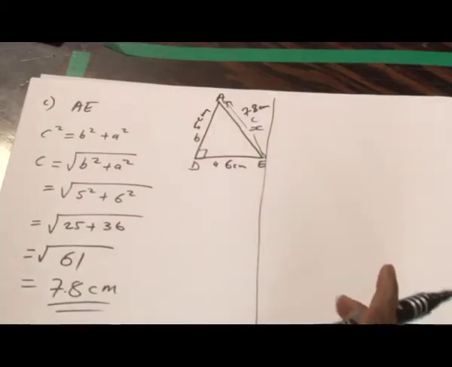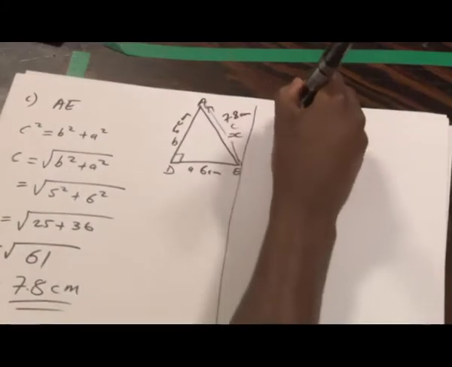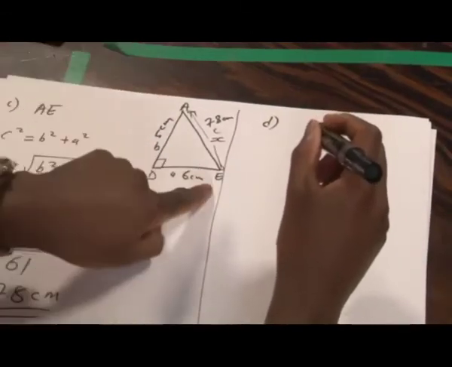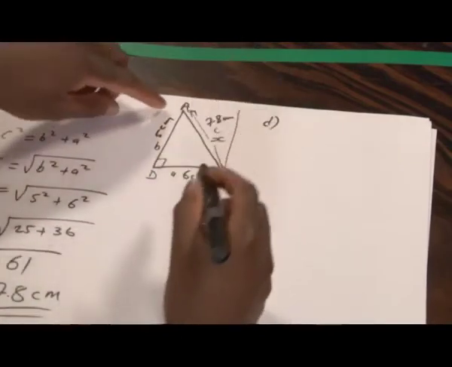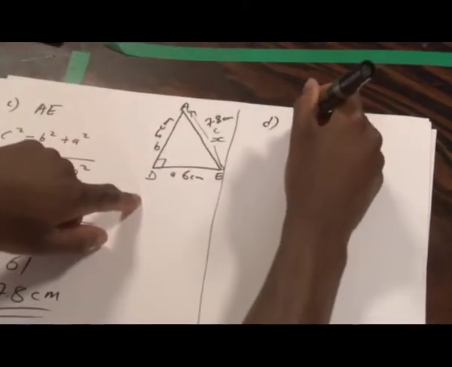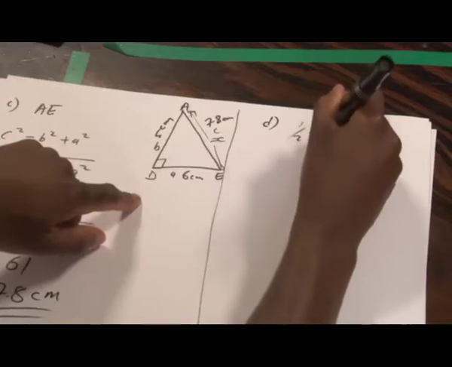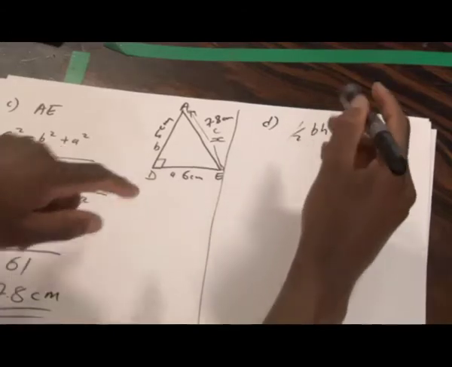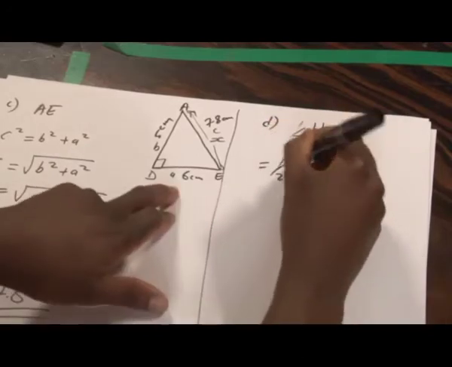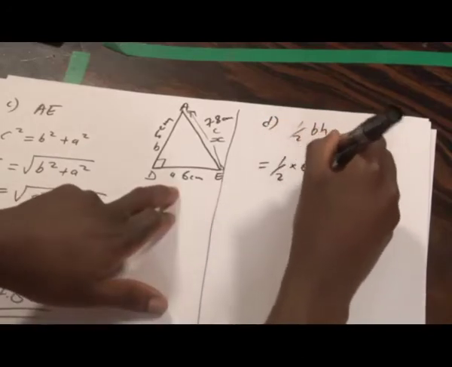Then next, to find area ADE. This is a right angle triangle. How to calculate the area for that? Just half BH. Half breadth times height. That's area. So it's half, what's our breadth? It is 6, times what's our height?